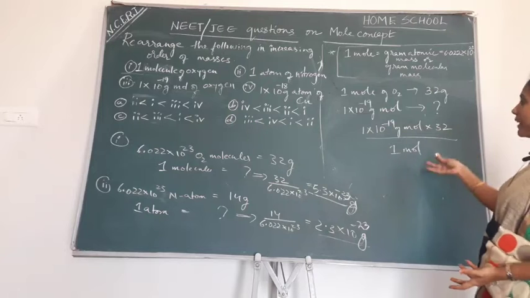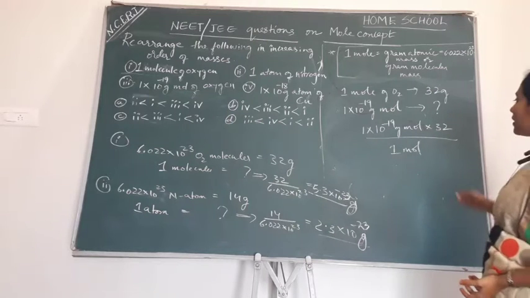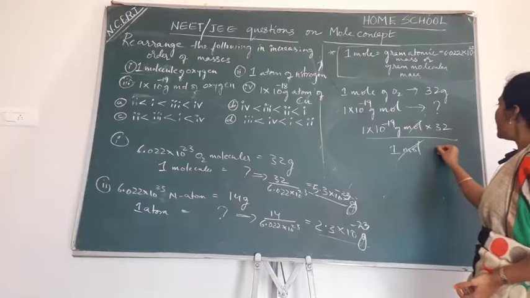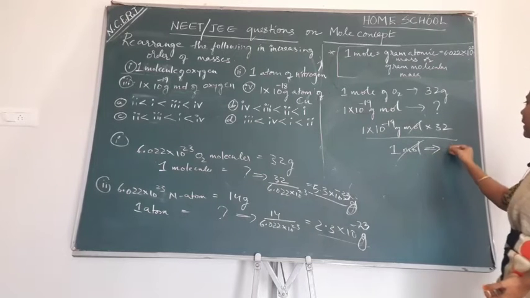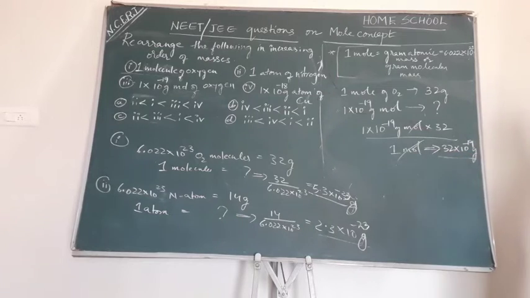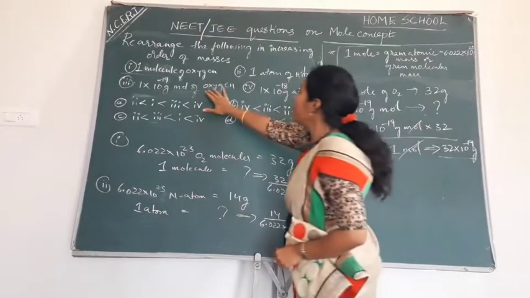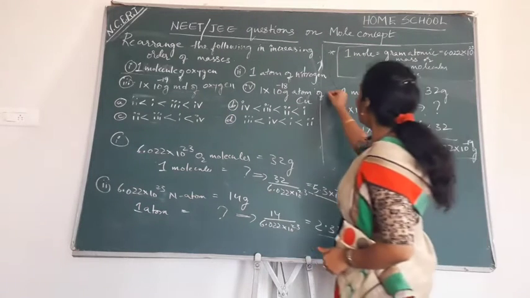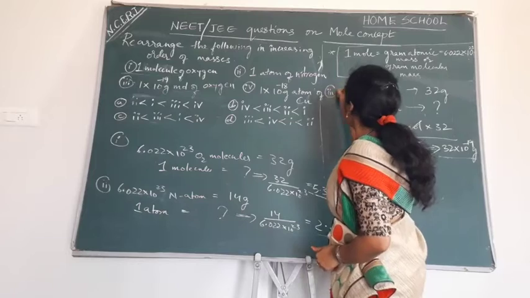According to my convenience, I am rearranging the information. So mole gets cancelled, and your answer will be 32 into 10 to the power of minus 19 grams. Yes or no? So this much oxygen has a mass of 32 into 10 to the power of minus 19 gram. And this was the third information's mass.